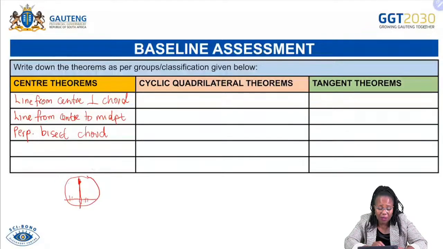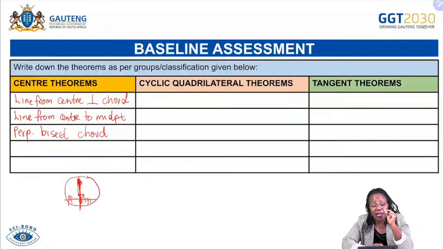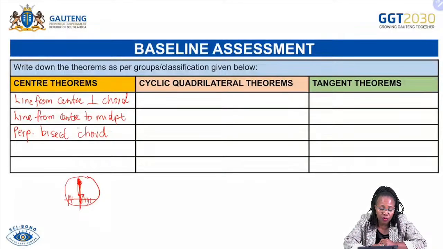As long as it is bisecting a chord, that means this line is perpendicular and it passes through the center. It cannot be a perpendicular bisector of a chord without passing through the center. As long as they say this line is a perpendicular bisector of this chord, that means that particular line passes through the center, grade 12. That is the conclusion that we can draw with this theorem. So please check that. It's also on the center theorems.